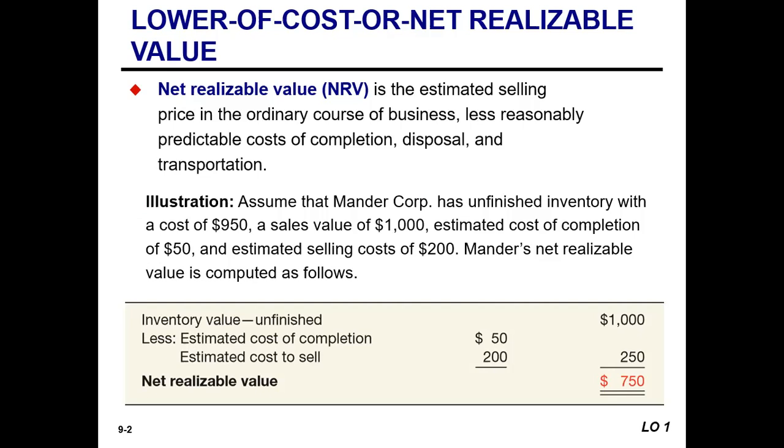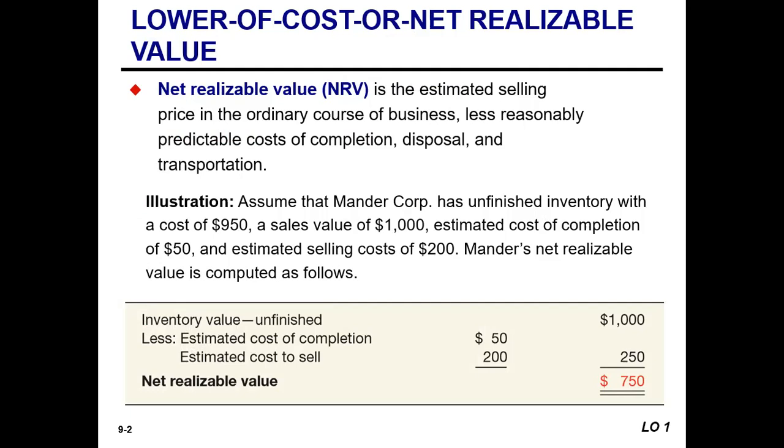But now when we're talking about net realizable value as it relates to inventory, net realizable value is the selling price of the inventory less any predictable cost of completion, disposal, or transportation.